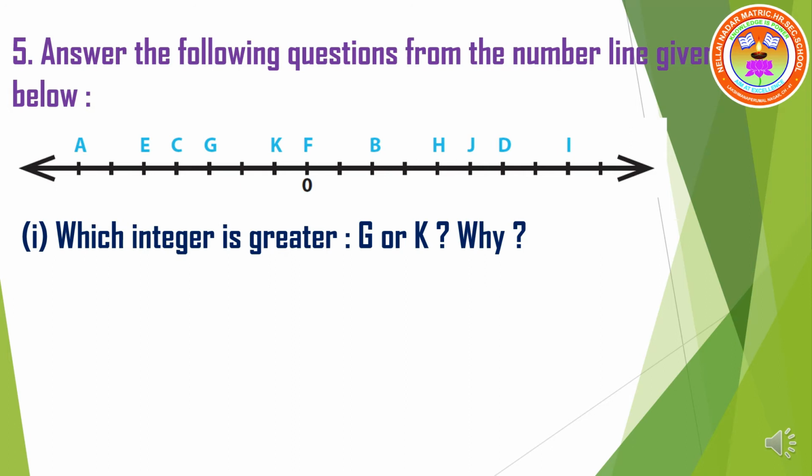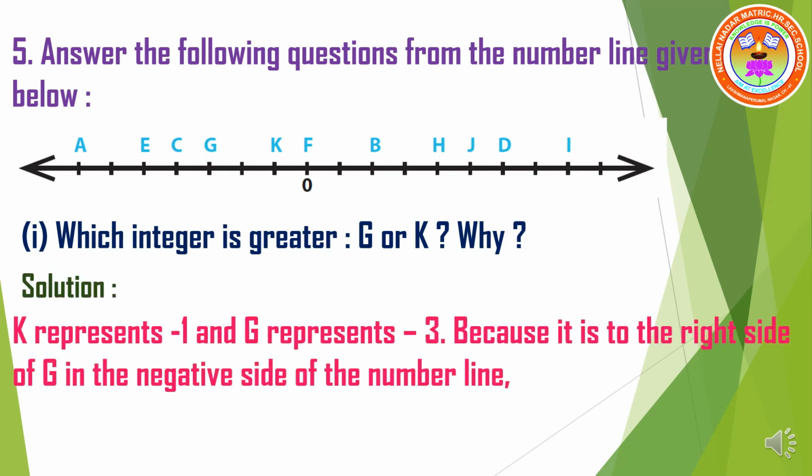And G is the third unit from 0. So it will be -3. Solution: K represents -1 and G represents -3. Because K is to the right side of G in the negative side of the number line, we say that K is greater. Okay, children?